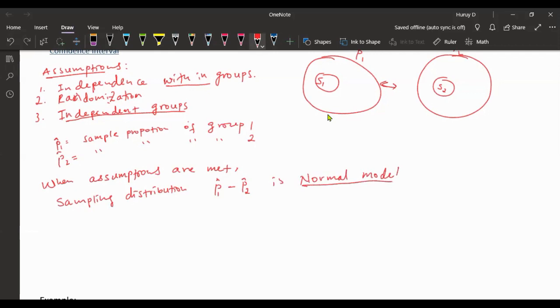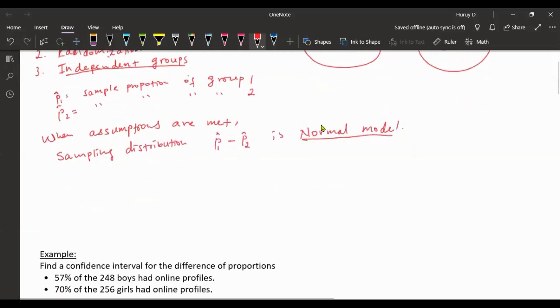This is important. Now, when we have the normal model, of course, we need to know the variance of this model, as well as the mean. When we come to the one sample proportion, the mean is p, and the variance is pq over n.